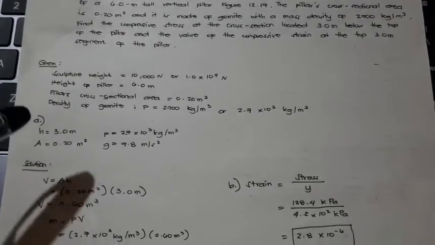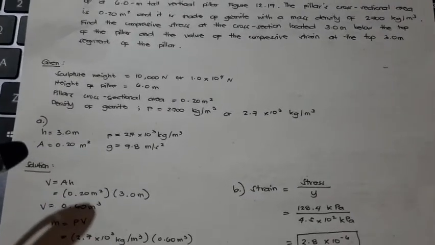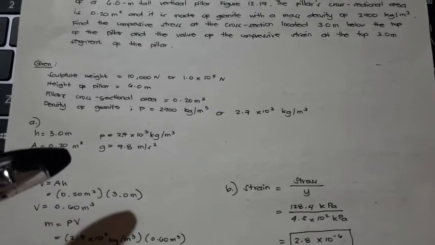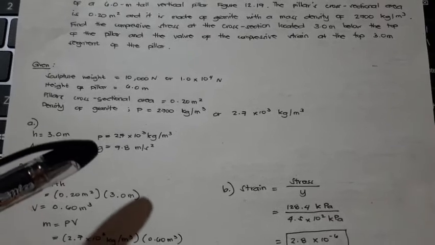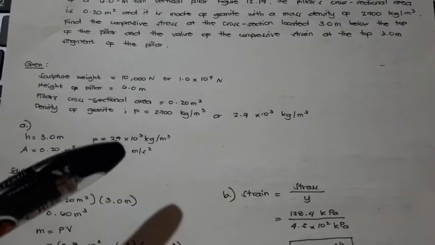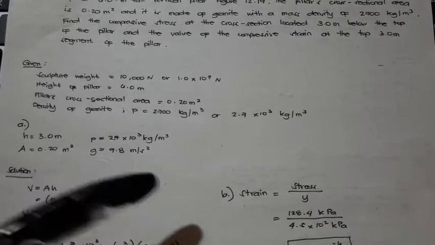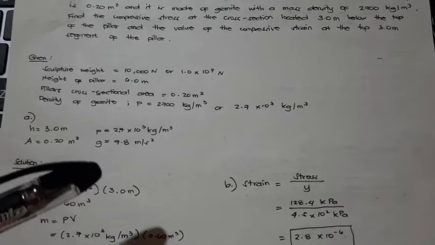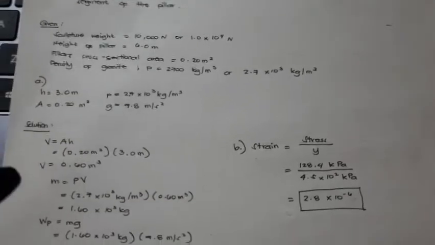So H is equals to 3 meter, A is equals to 0.20 meter squared, P is equals to 2.7 times 10 raised to the 3rd power kilogram per meter cube, and then the G, or the gravity, is equals to 9.8 meter per second squared.